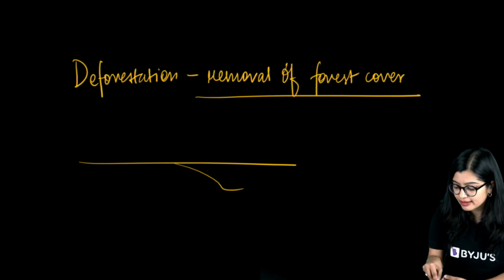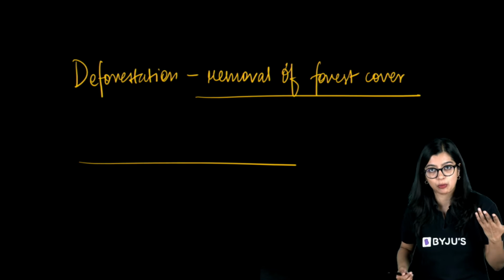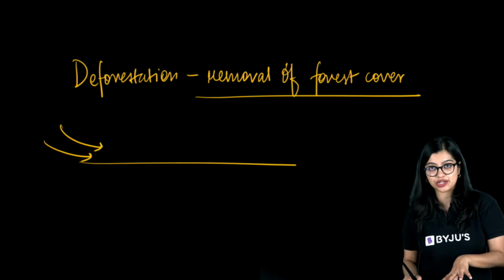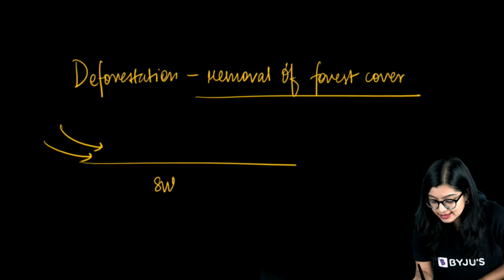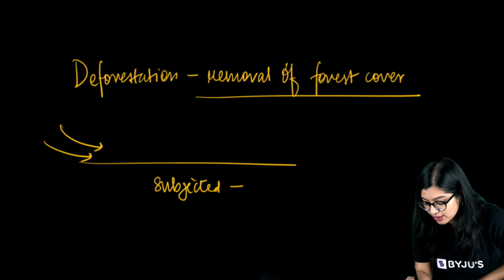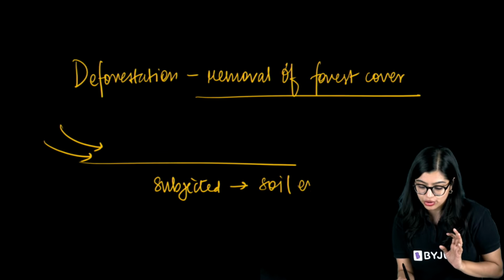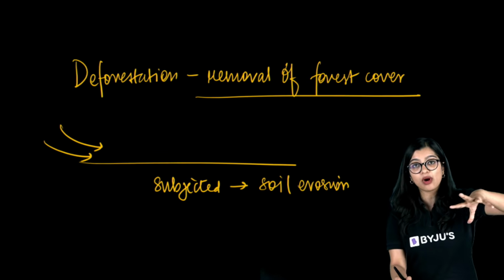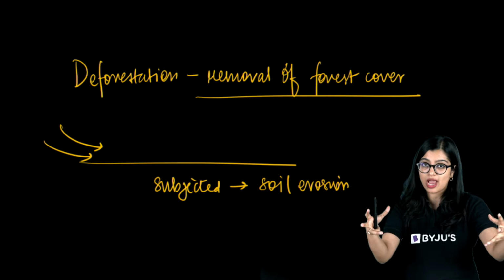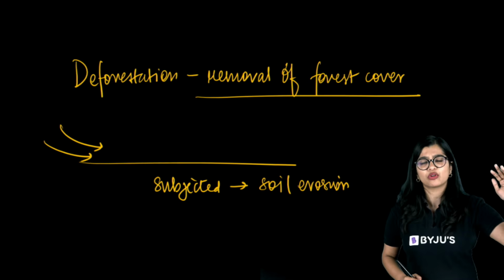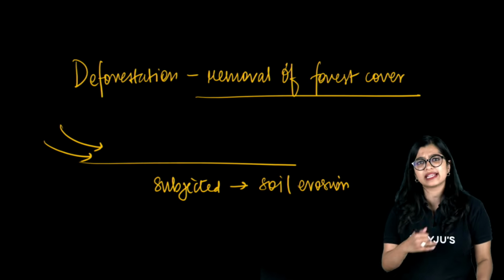But the minute you get rid of it, now the soil is exposed, which means that the soil in this area where deforestation has taken place can become prone to soil erosion. Because the roots that were holding the soil in place are gone, any other factor, whether it's rain or whatever it could be, could cause removal of topsoil, thereby degrading the quality of soil.